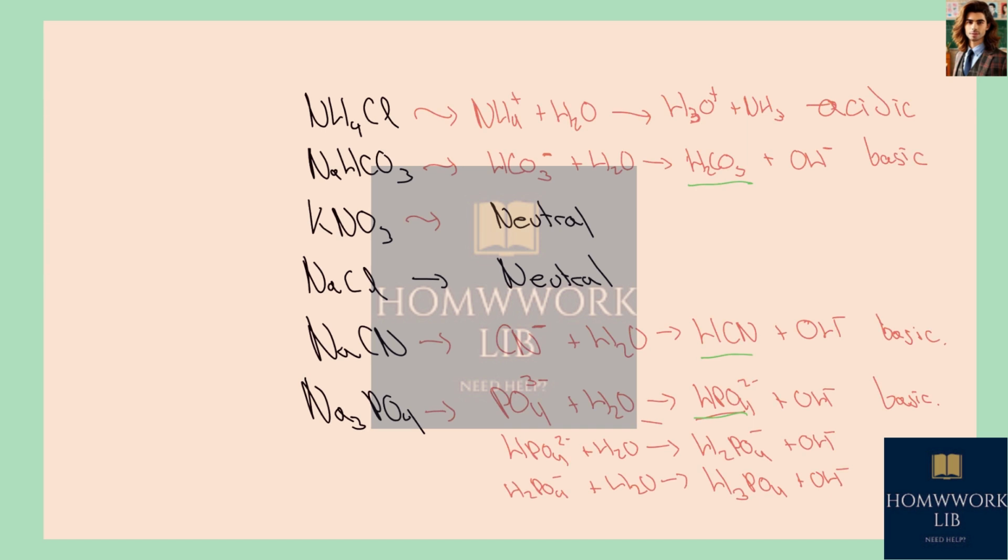If the reaction with water of one of the ions of the solution generates a weak base, for example, NH3, then this solution is going to be acidic. And if the ions come from the neutralization of a strong acid with a strong base, such as the case of HNO3, that is nitric acid, and of sodium chloride, then the solution is going to be neutral.